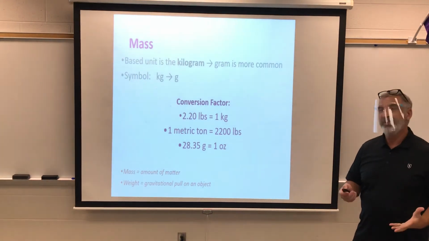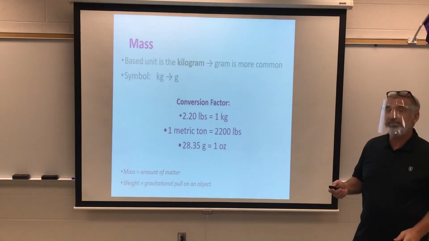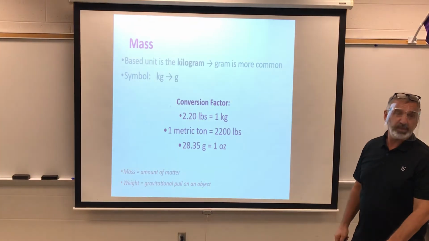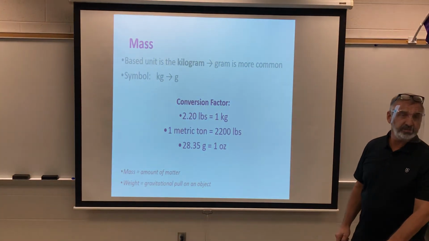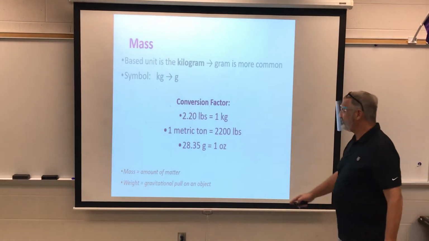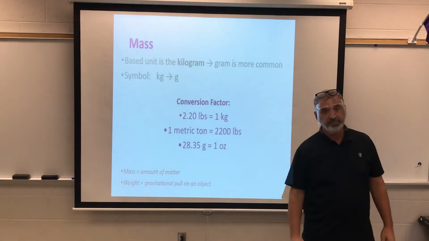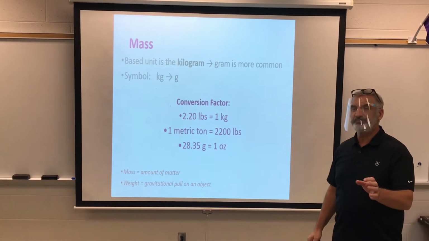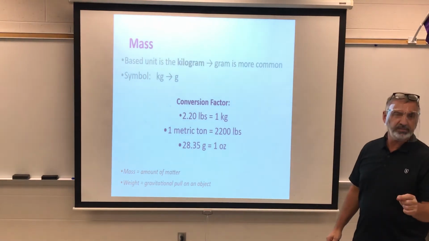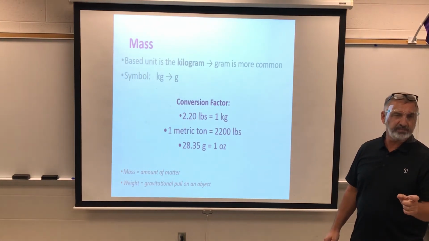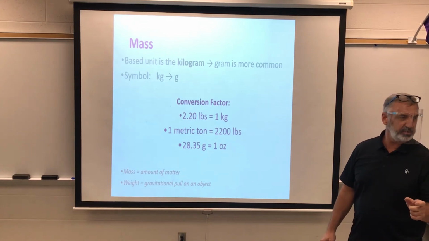If I said grab me an ounce of something, you probably wouldn't even know how much that is either. But a gram is way, way less than that. The mass of a small plastic paper clip is close to 1 gram.